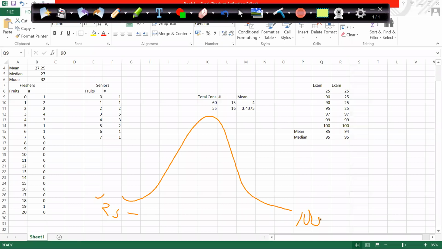When my data is normally distributed, I have people starting from 25 till 100, a lot of people from lesser marks to the higher marks. So here my mean, median, and mode will all be at the center because my data is normally distributed.